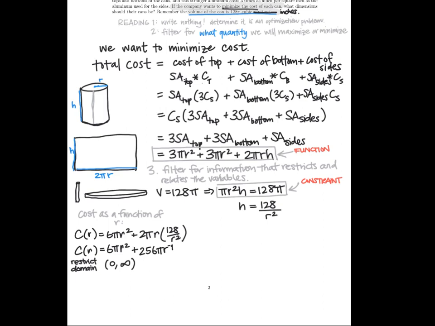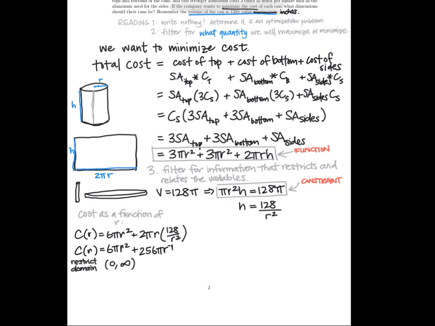So what the domain is really asking when you're restricting the domain, saying which part of this function do I care about, is you're bringing it from a function out of context. Like if I was just looking at C of r equals 6 pi r squared plus 256 pi over r, I would be like, okay, out of context, the only value r can't be is 0. But in this particular problem, r definitely has to be positive. We do not care about r assuming negative values. That has no analog in this problem.